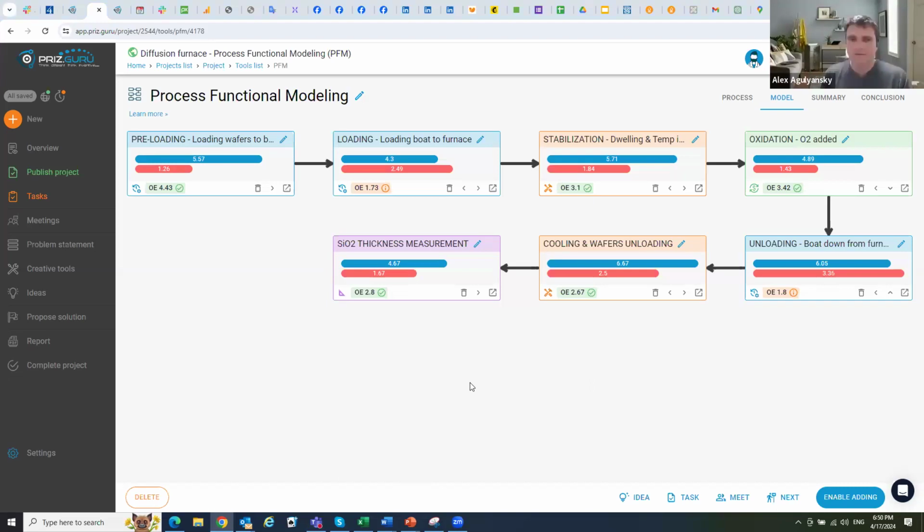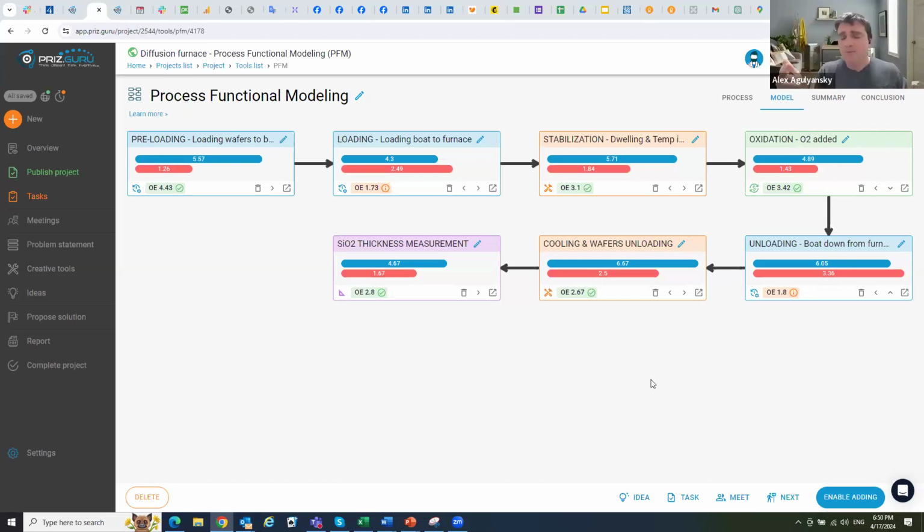Something that we didn't show here, obviously, is that we need to find the root cause. Once we know which operation to focus on, and we model the components, we potentially already have a component to blame in mind, if you will. Let's say we identified that a specific component is most likely to cause a problem.